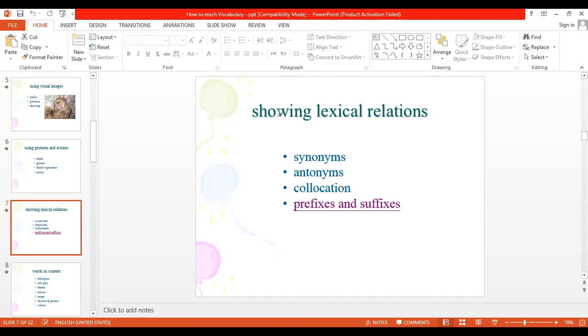I think in Connect 1, 2, 3, they use prefix and suffix, but they don't say that these are prefix and suffix. Like healthy, unhealthy, happy, unhappy. These are prefixes. But the books don't show that.